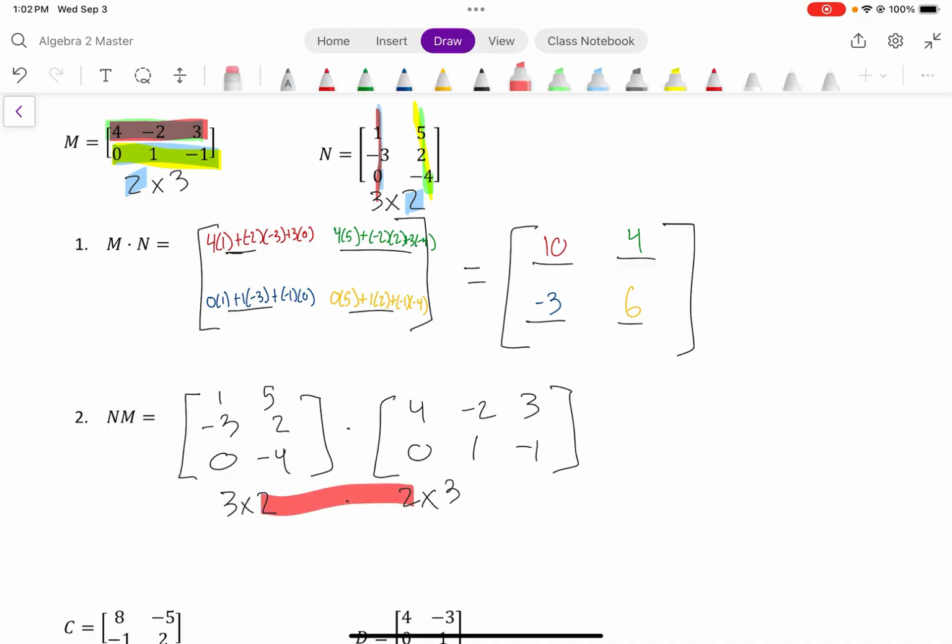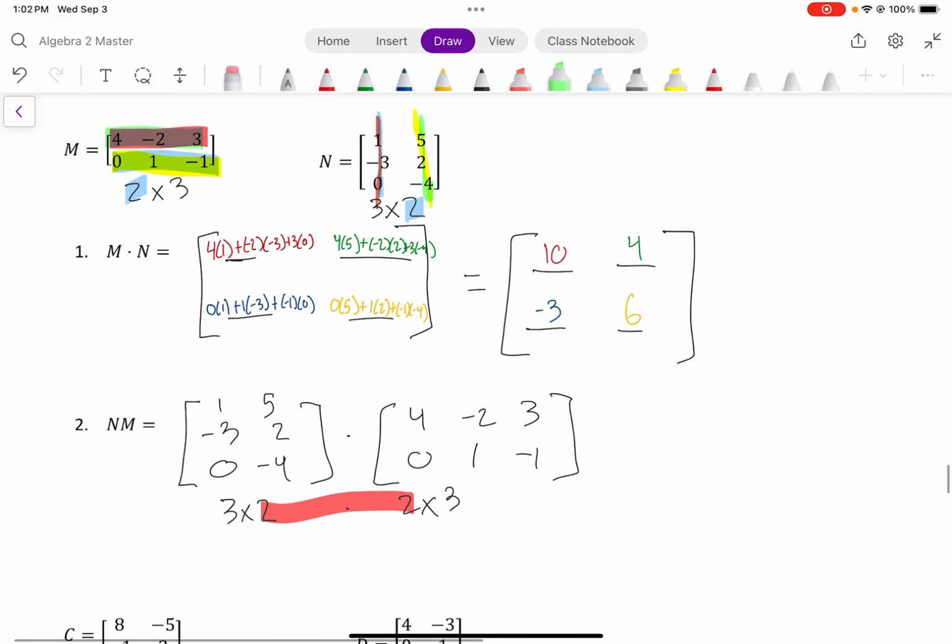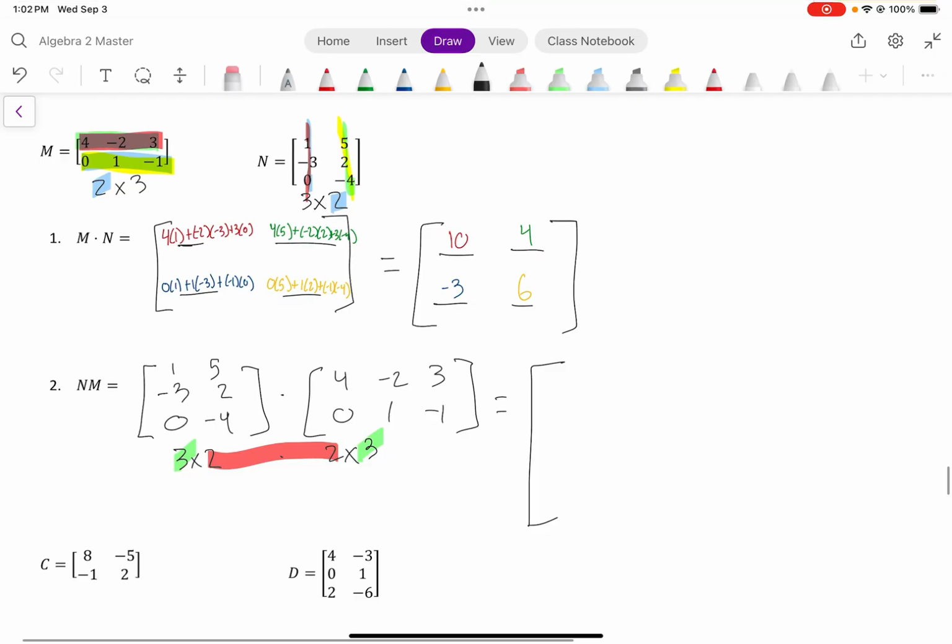These 2's match, so I can do the multiplication, but this time my answer is going to be a 3 by 3 matrix. It's going to be quite a bit bigger. A 3 by 3 matrix has 9 elements.